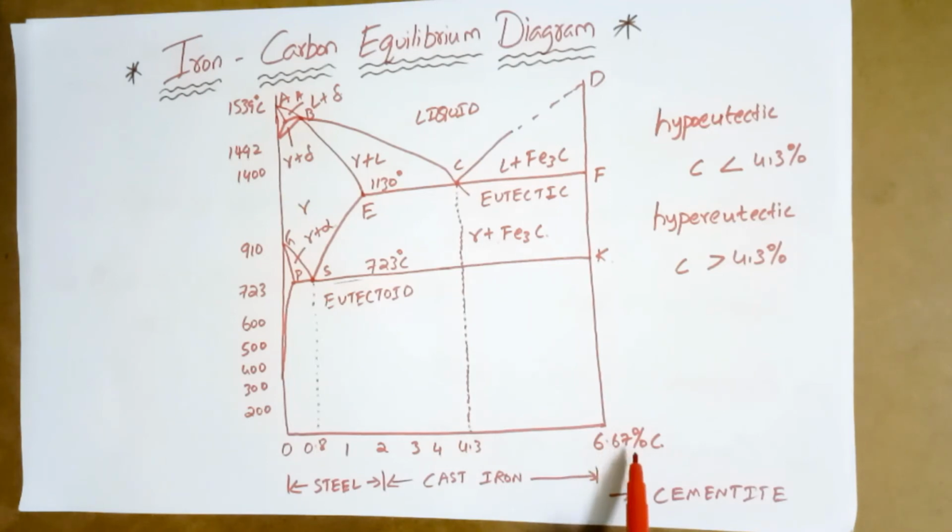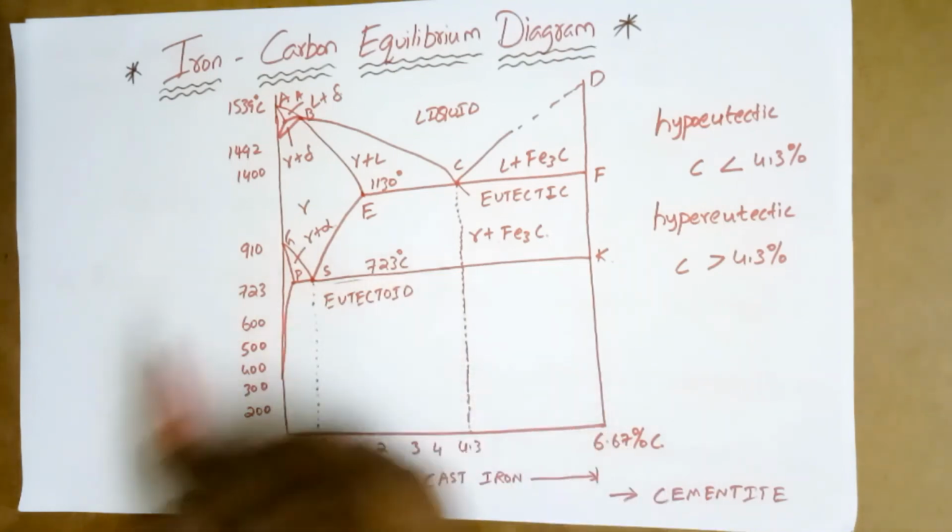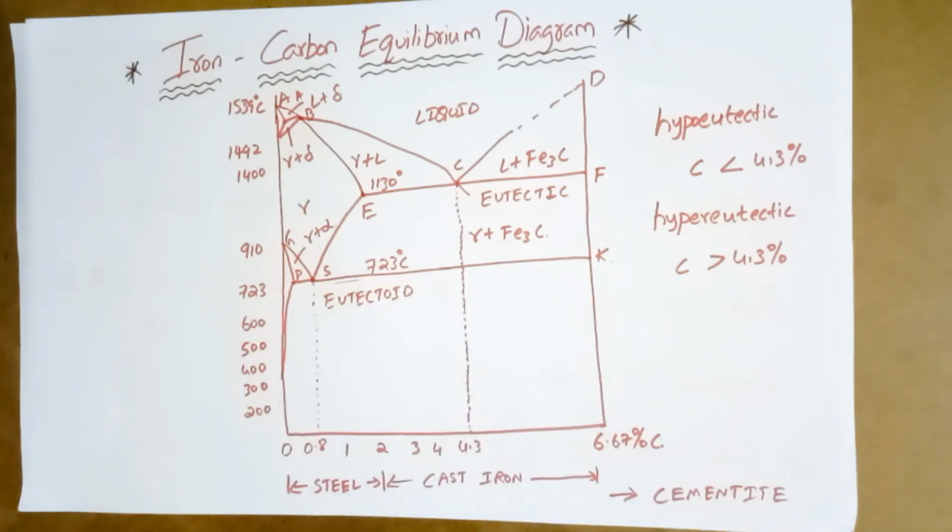Cementite is represented by the right hand side of this boundary. So this entire diagram shows the iron carbon equilibrium phase diagram up to 6.67% carbon. This is the end.